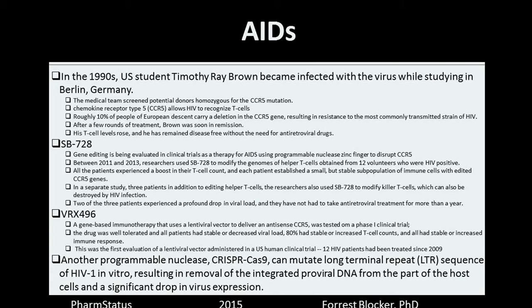And after a while, they decided to give him a bone marrow transplant, which is not an unusual treatment for leukemia. But these particular doctors were really smart, and they knew something that had been observed fairly recently about certain people: about 10% of people of European descent have a deletion in a gene called CCR5.